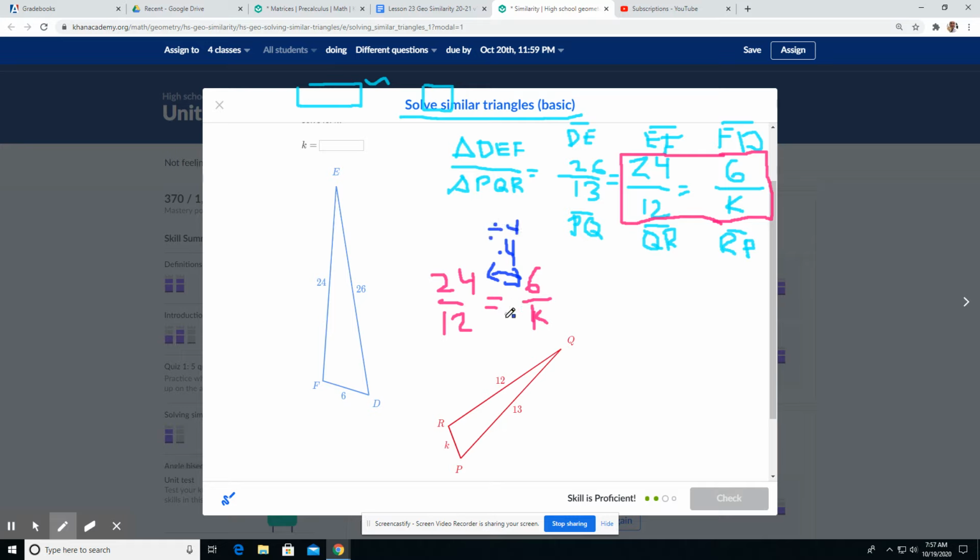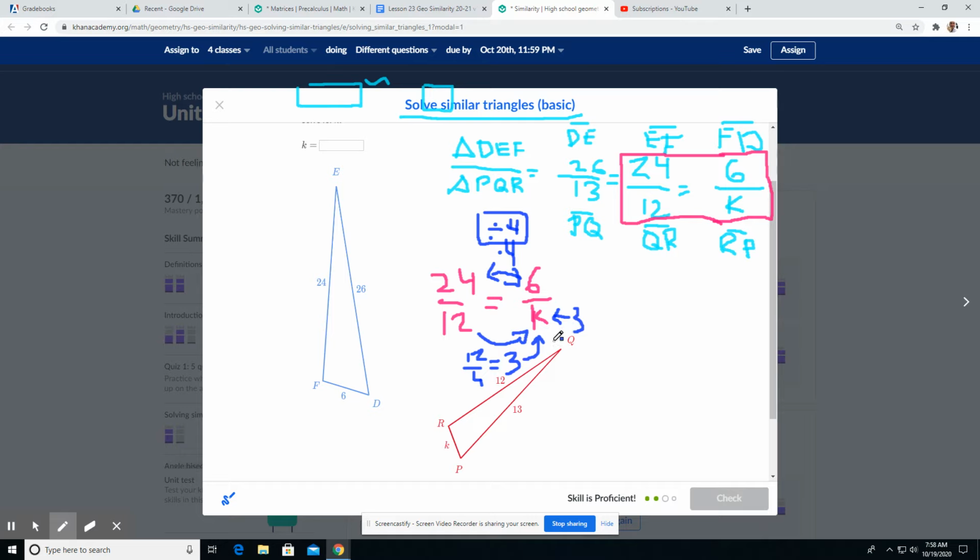Sometimes it's a little bit easier for me to initially see what's going on this way. So 24 turns into 6 by divide by 4. So the 12 divided by 4 equals 3, right? So that's going to be our K. Our K is equal to 3, all right?